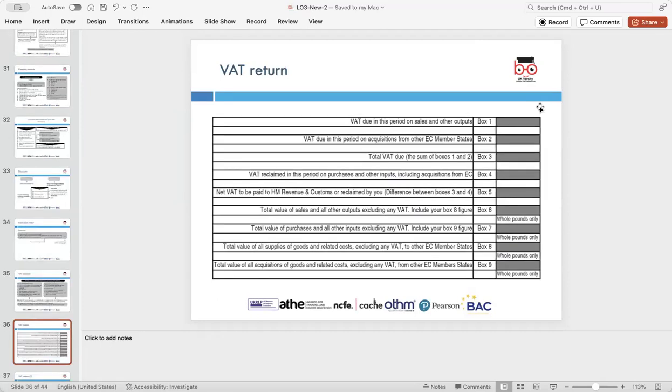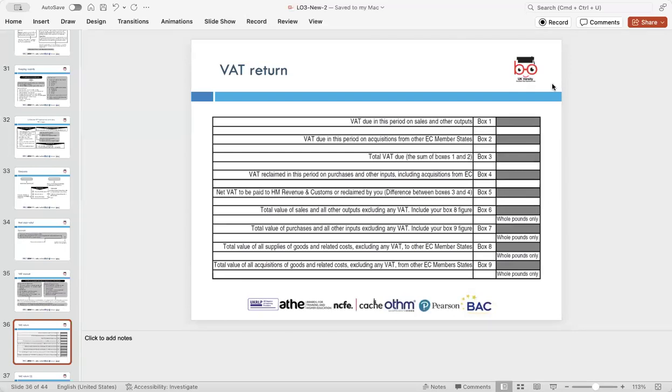VAT returns. So there are 9 boxes. Box 1 represents the VAT due in the current period on sales, and other outputs include any fuel scale charge.